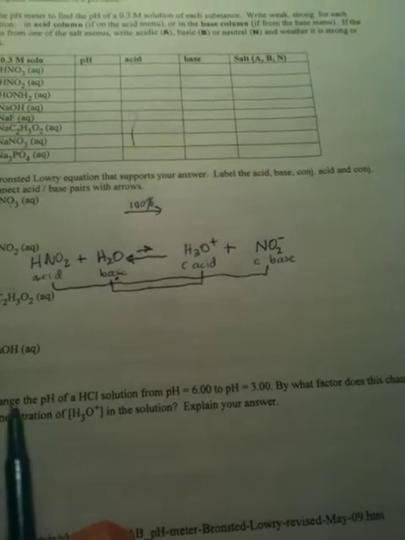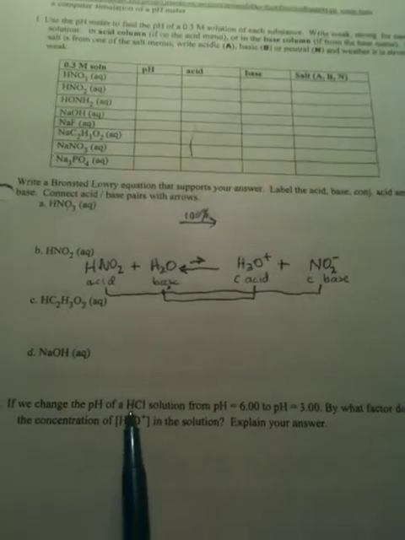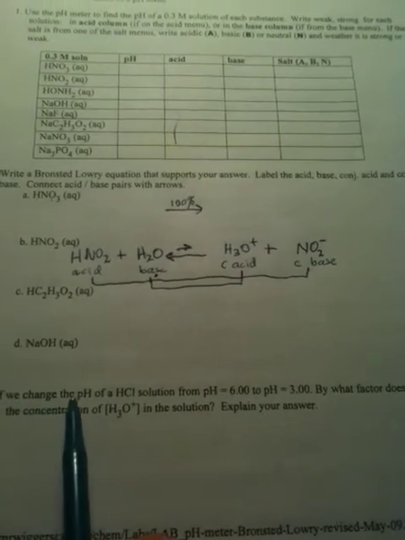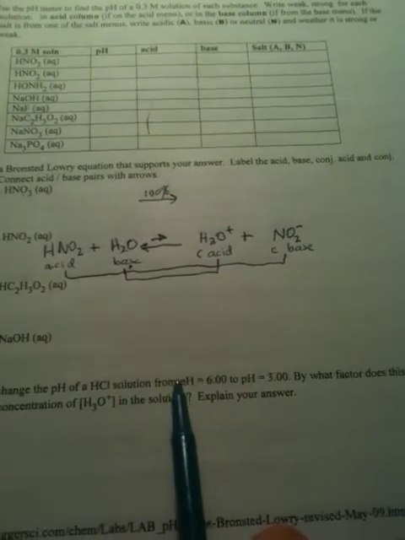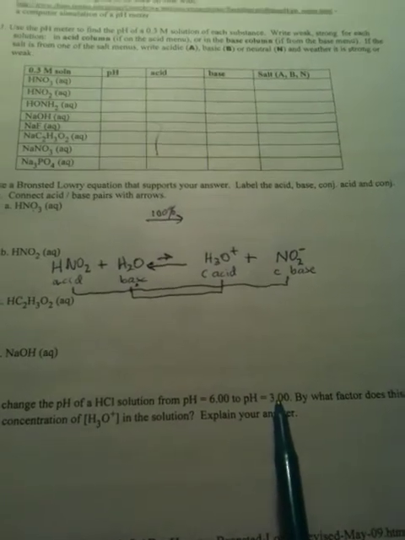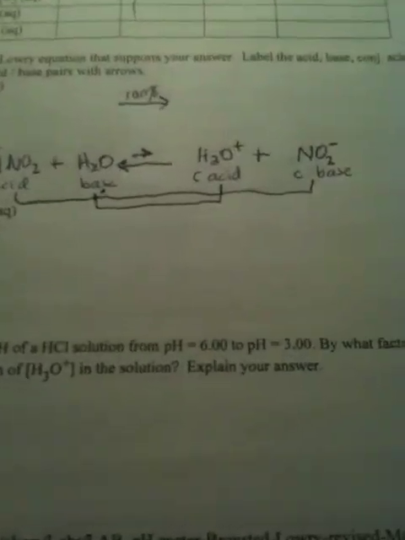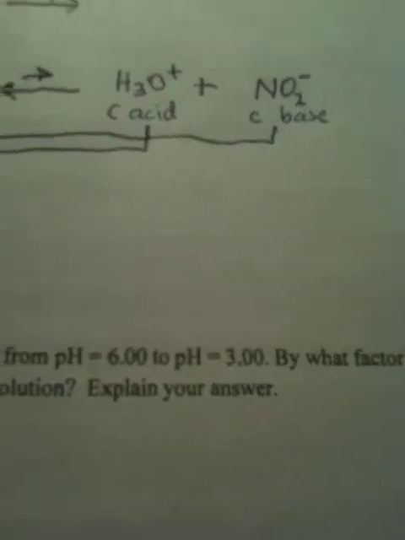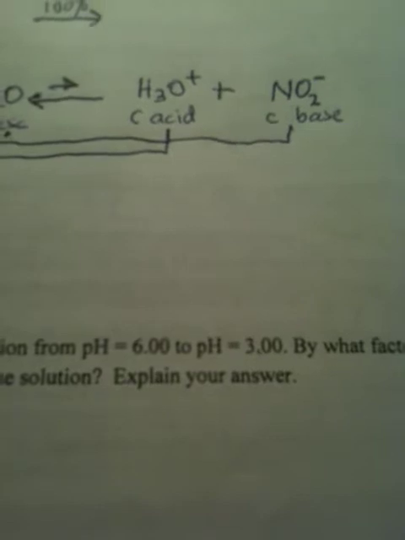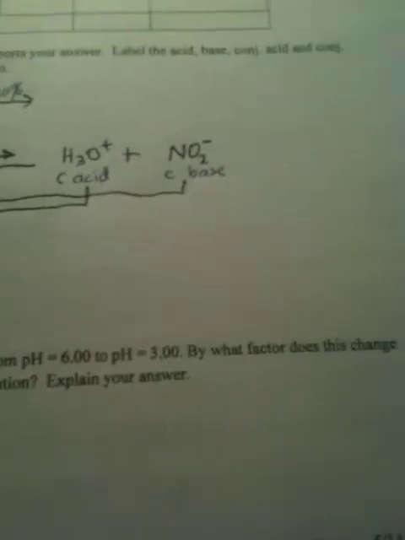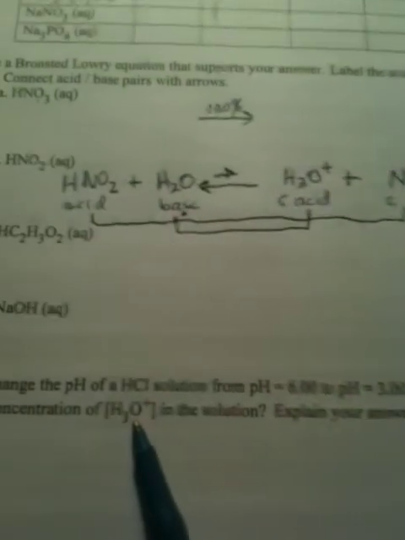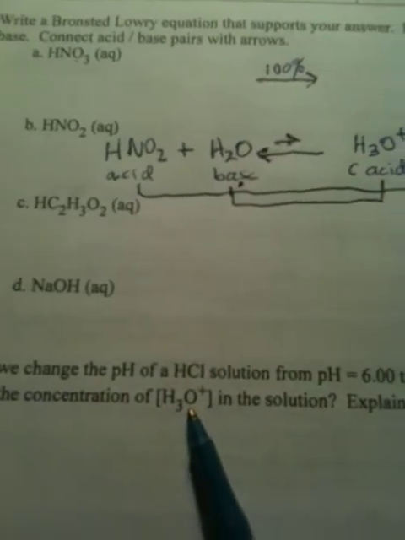Here, what we're asking is for you to decide about the change in pH of a hydrochloric acid solution from a 6 to a 3. A change like that is fairly big. It doesn't look like much, but it's actually a lot when we talk about the hydrogen ion concentration, which is also known as the hydronium ion concentration.